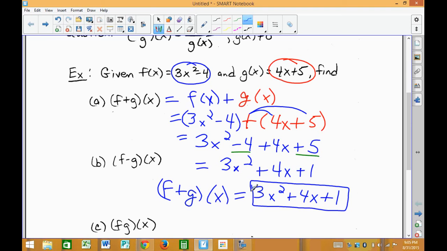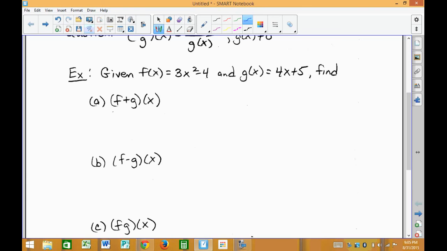Okay, so we're going to start over, and we're going to do the same thing for f minus g of x. Again, I'm going to put the f of x in blue, the g of x in red. So f minus g of x is f of x minus g of x.